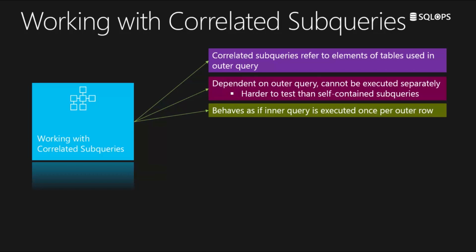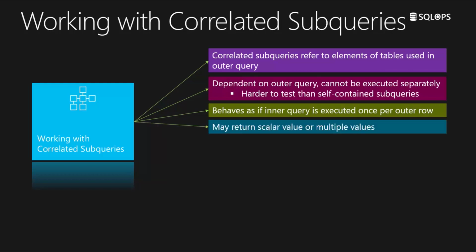Unlike self-contained subqueries which are processed once, correlated subqueries will run multiple times. Logically, the outer query runs first, and for each row returned by the outer query, the inner query is processed. And just like the self-contained subqueries, correlated subqueries can return scalar or multiple values.